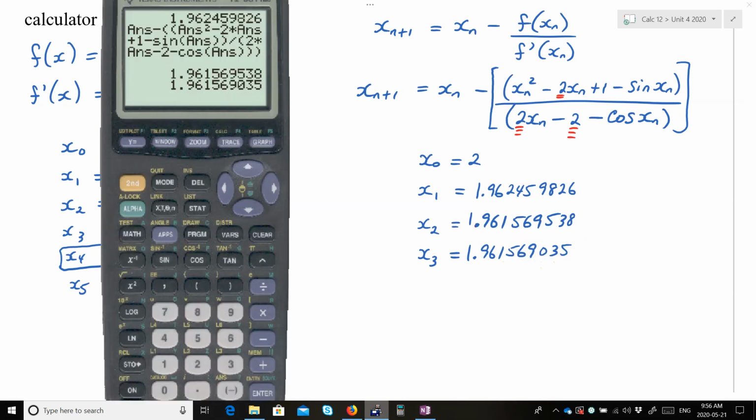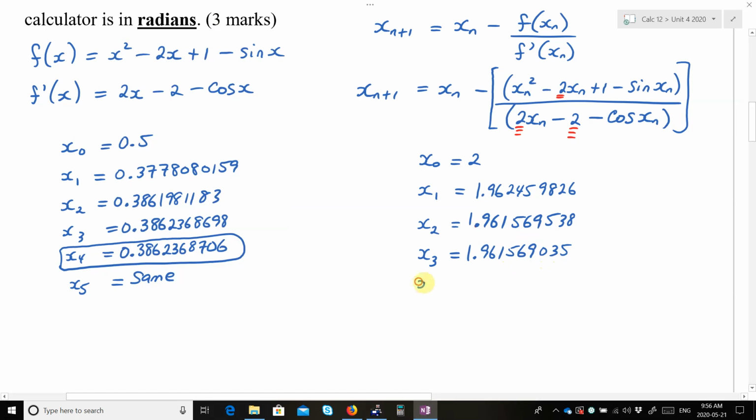And if we press enter again, that is the same. So x4, the answers start to be the same.